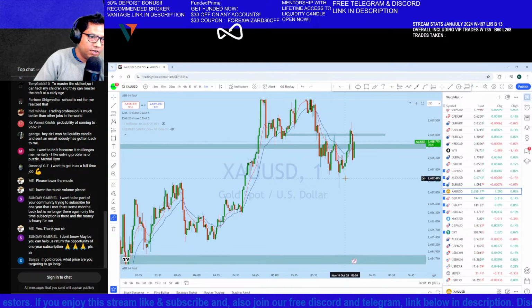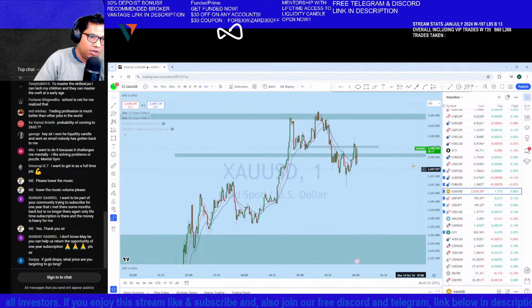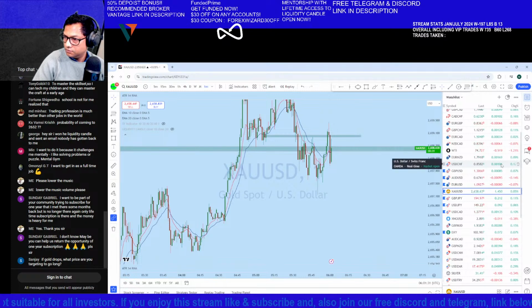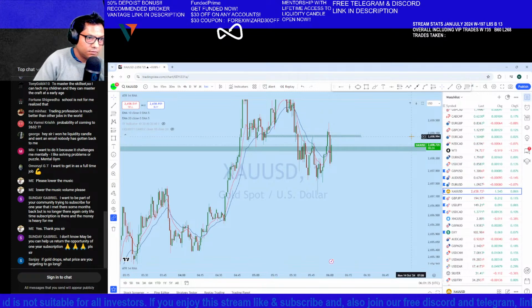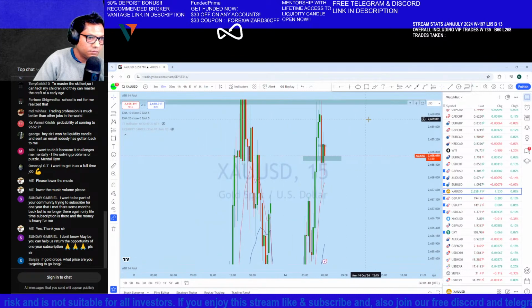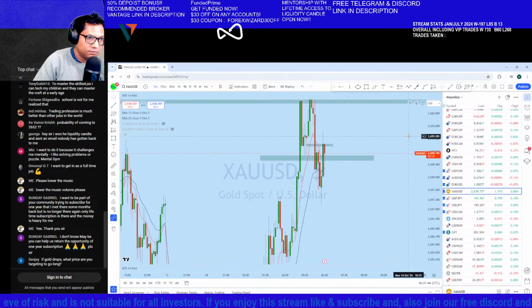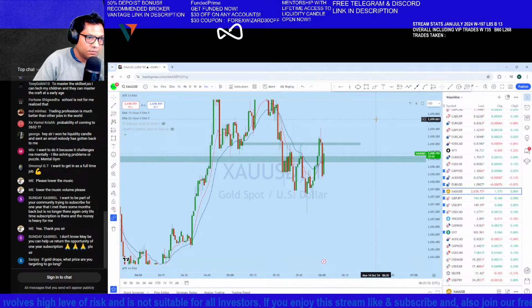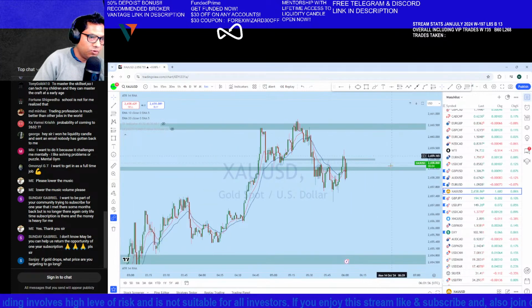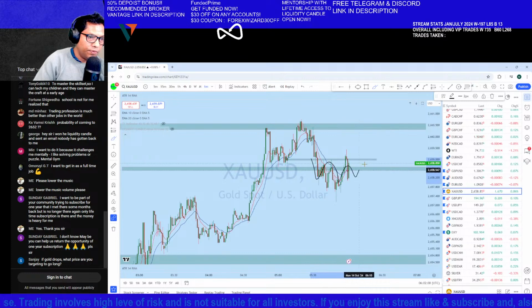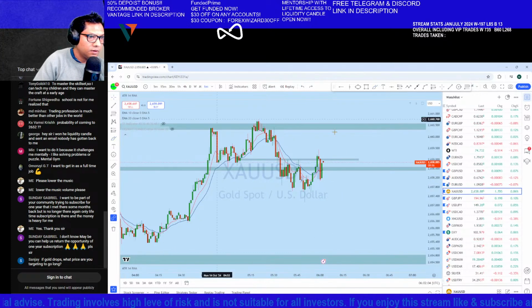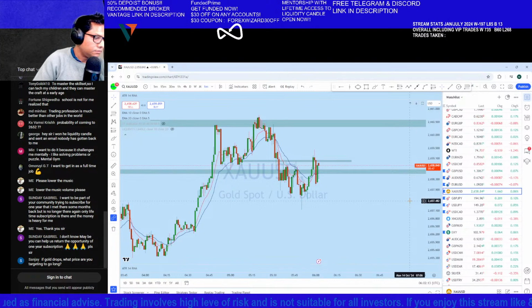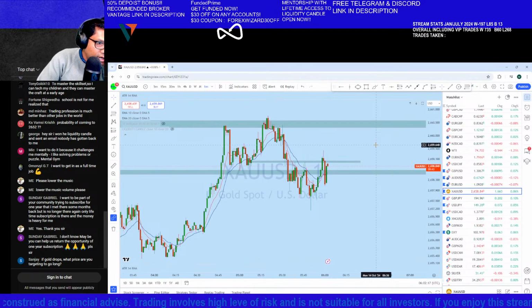Okay, in this area we can see the market, after this bounce and pullback, moving a little in a sideways fashion. So it's a sideways market.